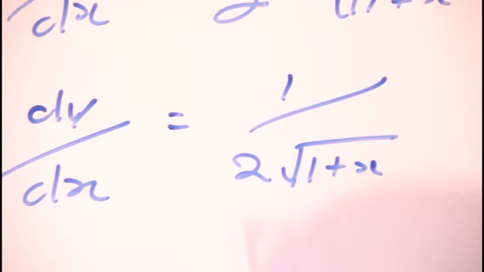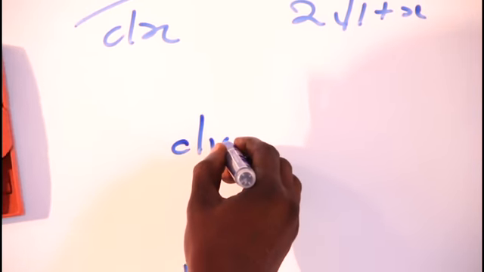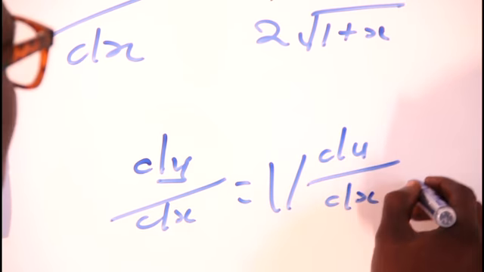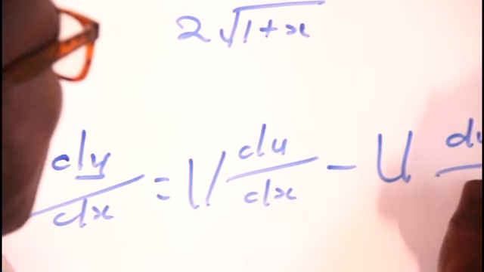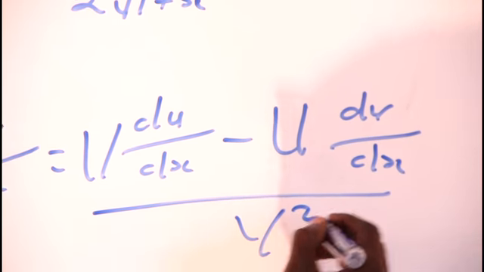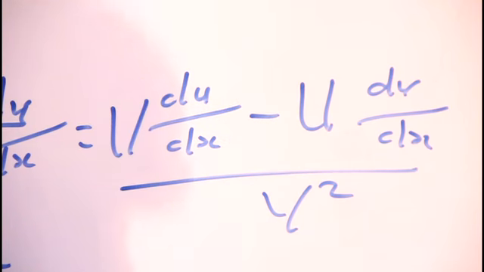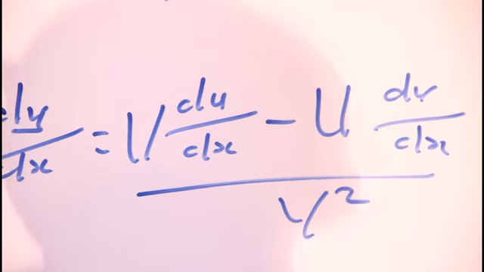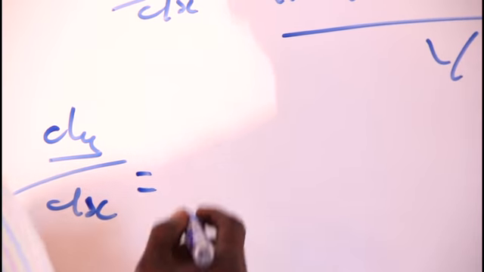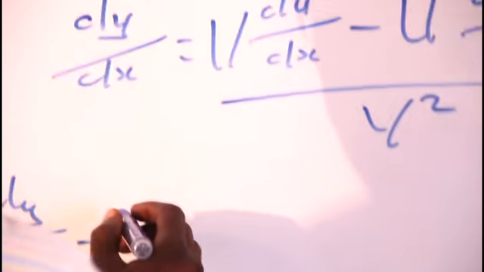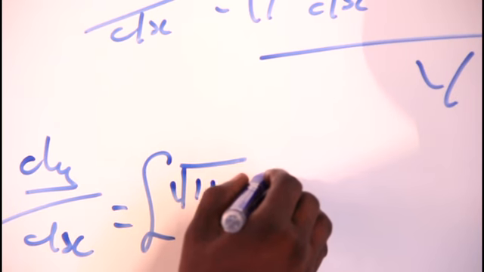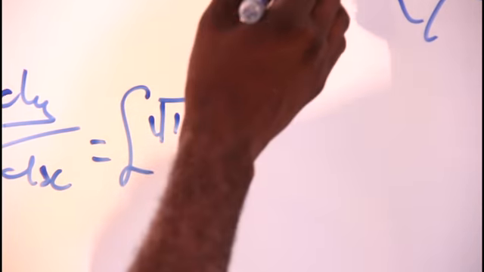So in cases like this, we can easily simplify it using the quotient rule formula, which states that dy over dx is equal to v du over dx minus u dv over dx all over v squared. So if we are substituting it, see what happens. That will give us dy over dx equal to, what is our v? Our v is root 1 plus x, times du over dx.